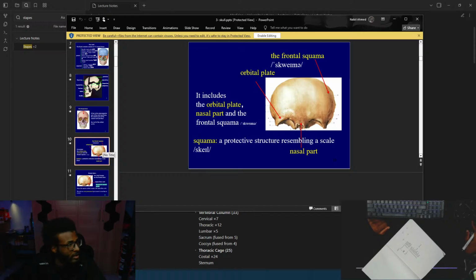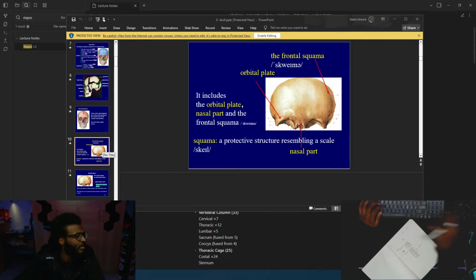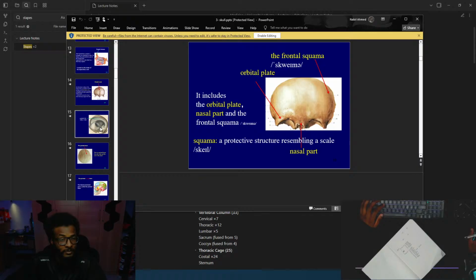An asterisk. How do you pronounce it? Asterisk. Yeah, asterisk. And I'll just make a small asterisk on the bones that require more focus.